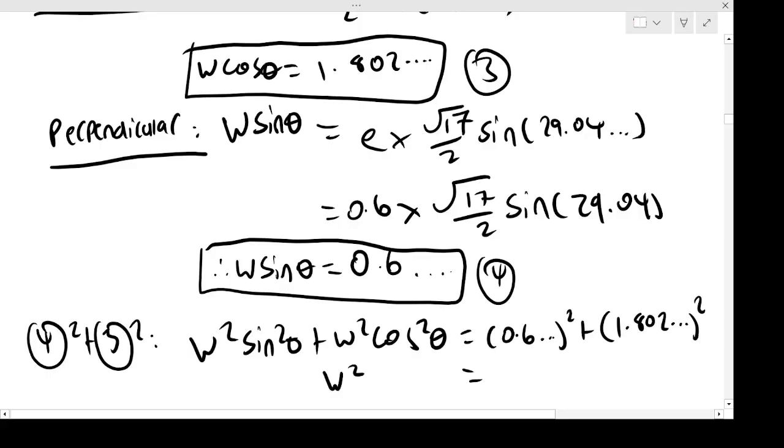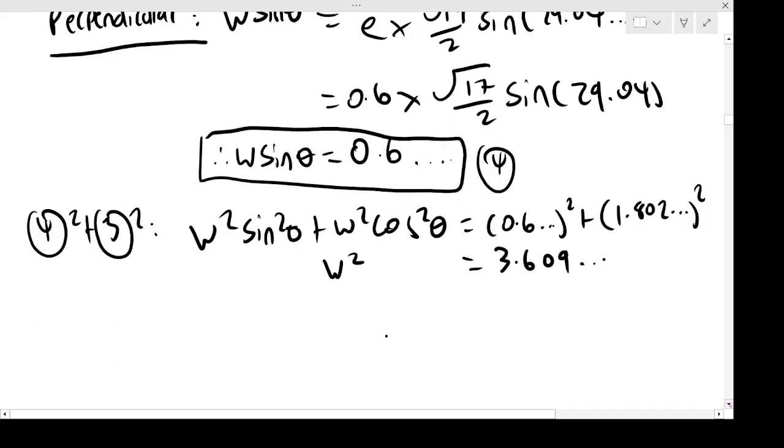If I square those two numbers, I get 3.609 blah blah blah. Okay, so that's w squared, so if I root that, w is going to be 1.8997 blah blah blah.